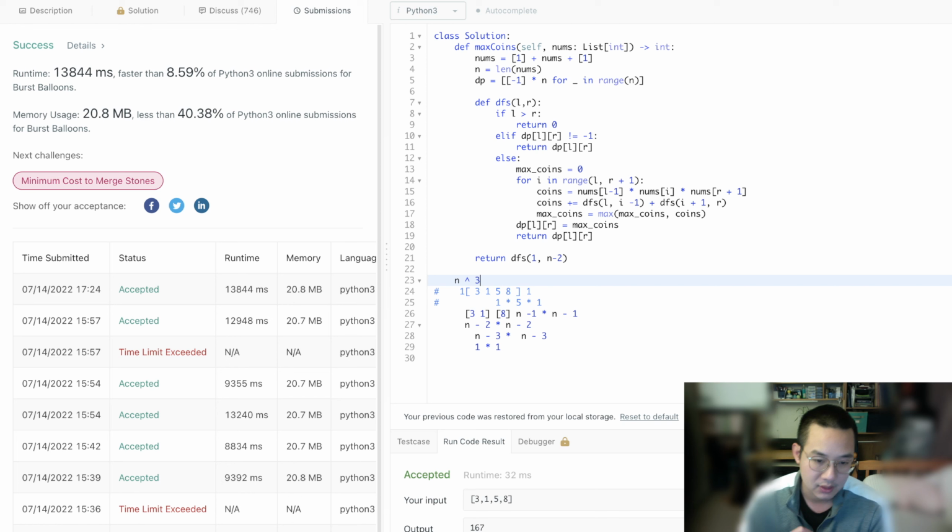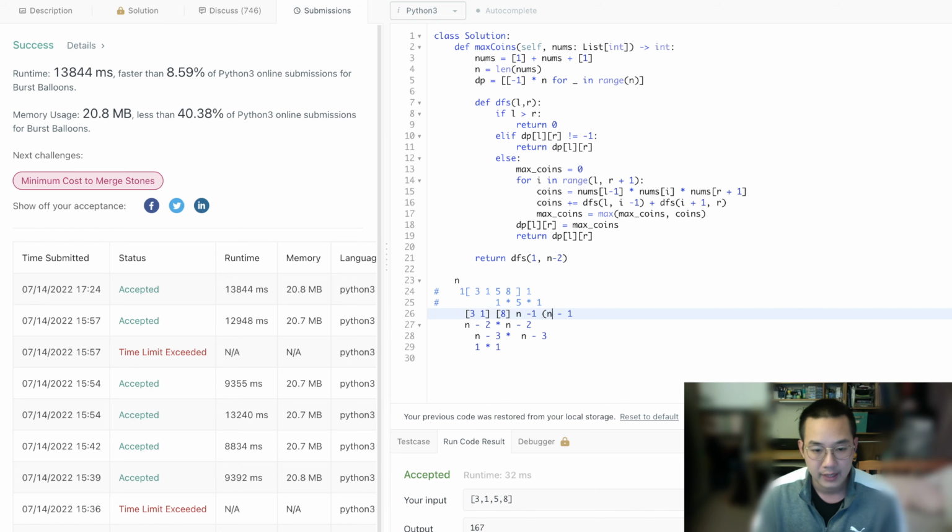Because the height of this tree is n, and each level we're running n minus 1 operations, and we're running it for each operation, which is going to be n minus 1 plus n minus 2 plus n minus 3 for each item.